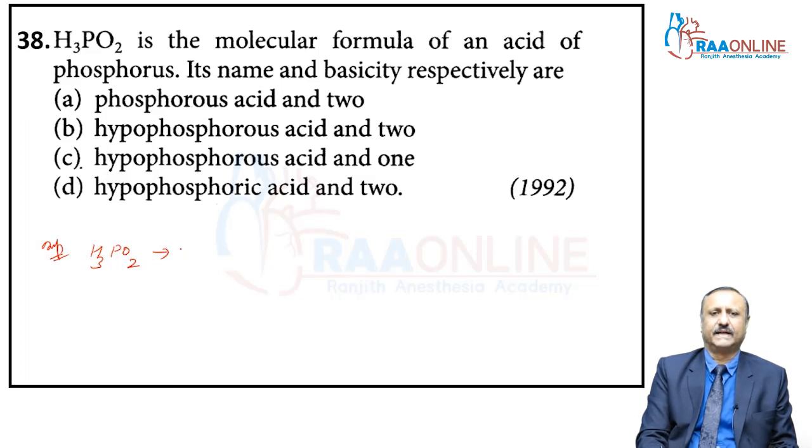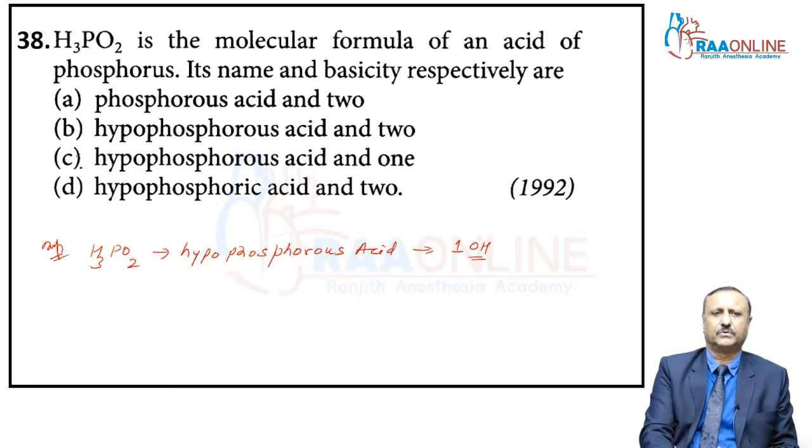In this hypophosphorus acid only one OH group is present, and one OH group present means it is a monobasic acid. So for question number 38, the option is C.